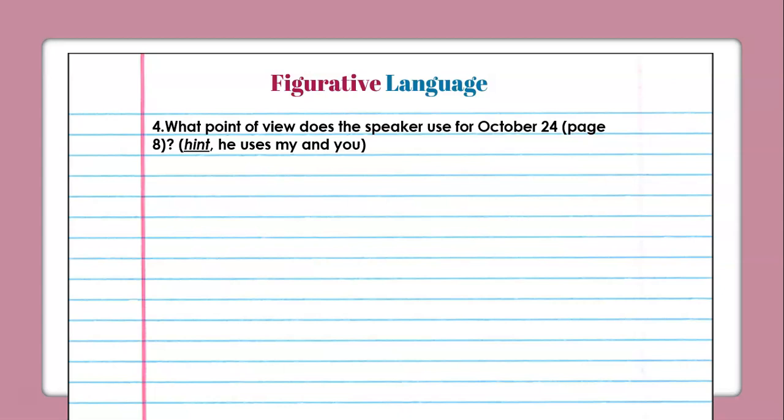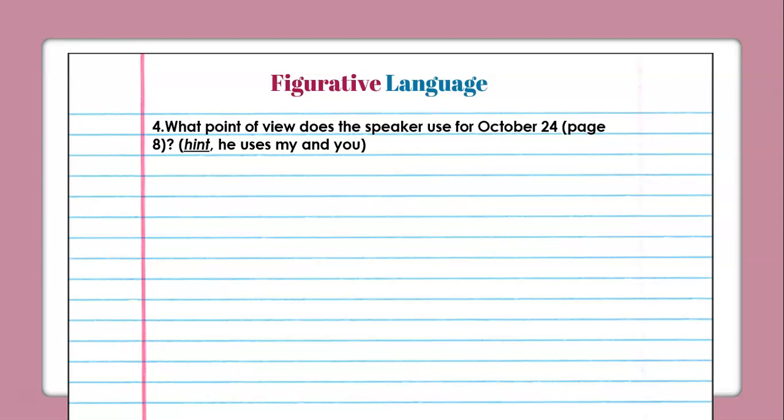You have the last minute, 15 seconds. You have the last minute. What point of view does the speaker use for October 24? Now be very careful. If you're already going back to reread the page, be very, very careful.